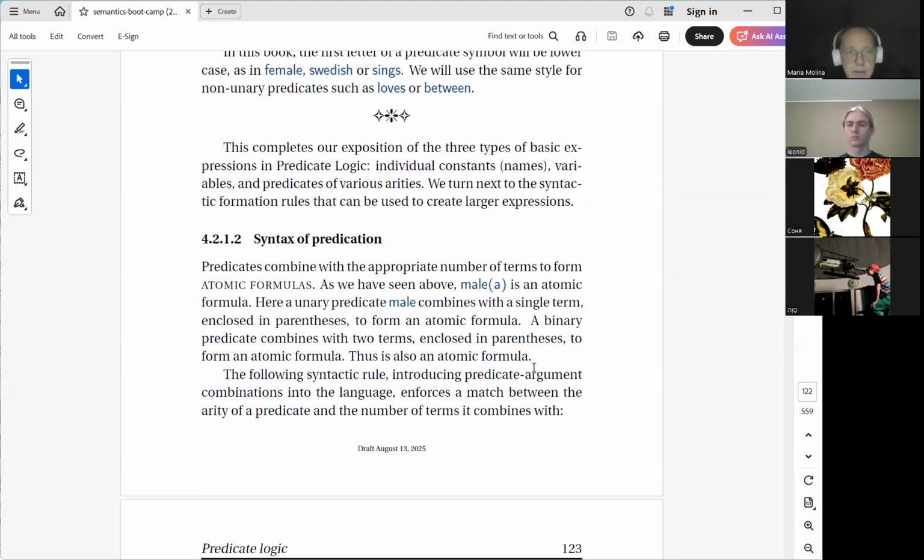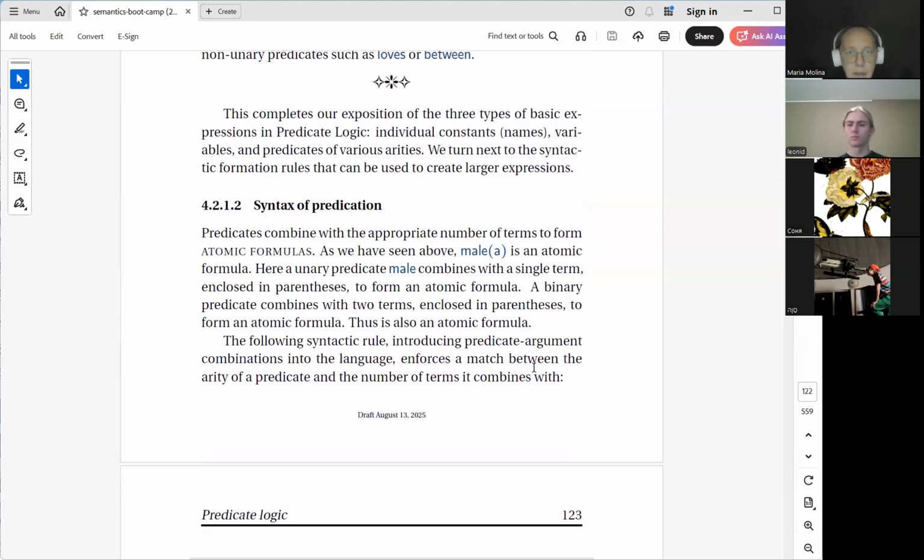Now, syntax of predication. This is an atomic formula, a basic one. It is a unary predicate that combines with a single term.